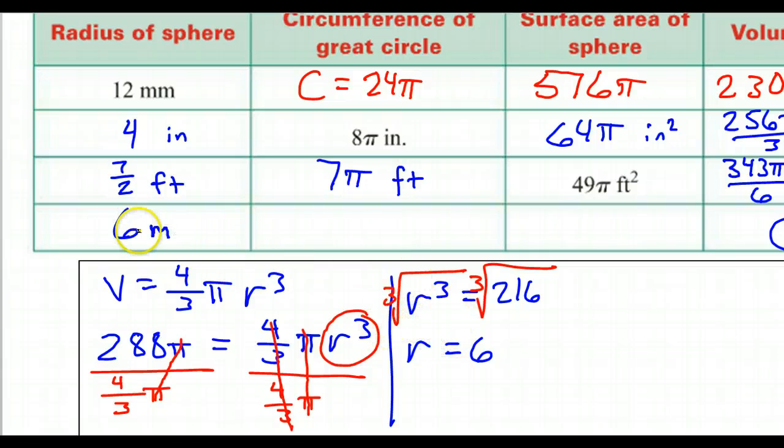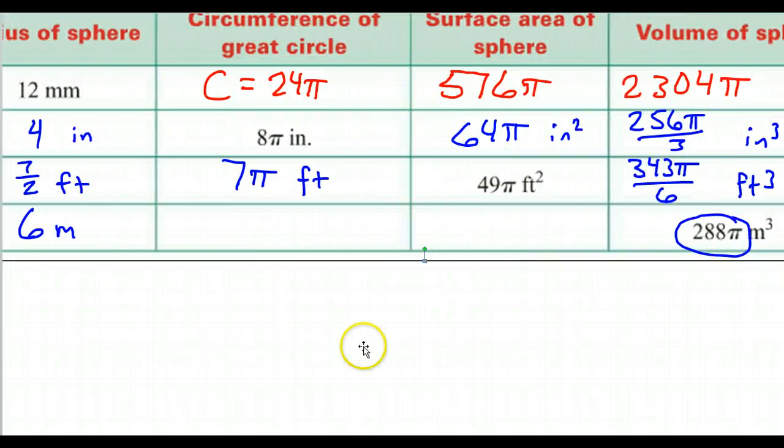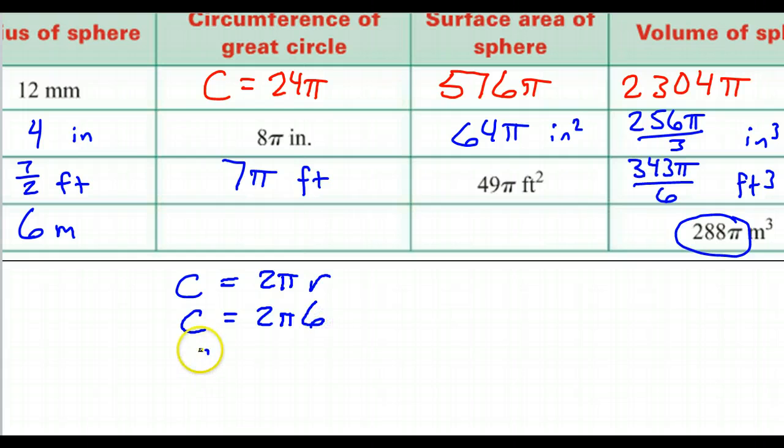Alright, and the rest is easy. Once we have the 6 meters, we will just plug it into the circumference formula, the surface area formula, and the volume formula. Alright, so just remember that the radius is 6, and everything is going to be okay. So if I want to do the circumference, we know that the circumference is 2 pi r. So that's going to be 2 pi times 6. So that's going to be 12 pi. Okay, meters.